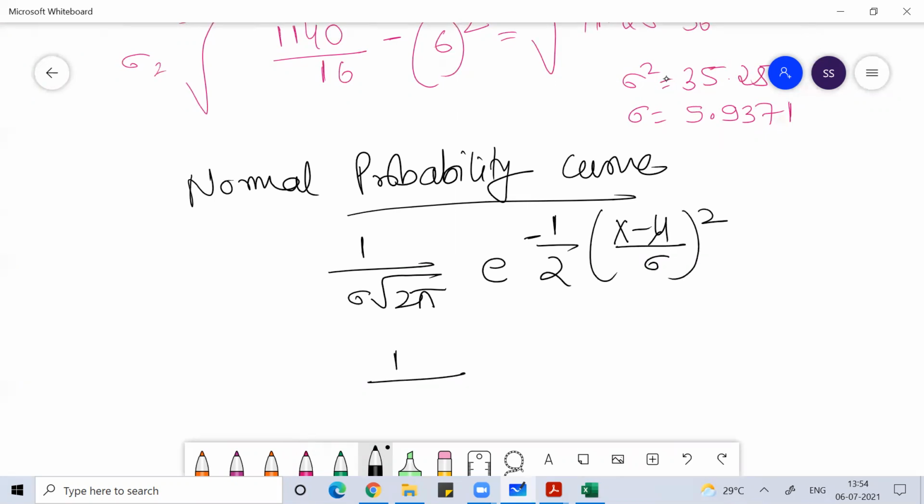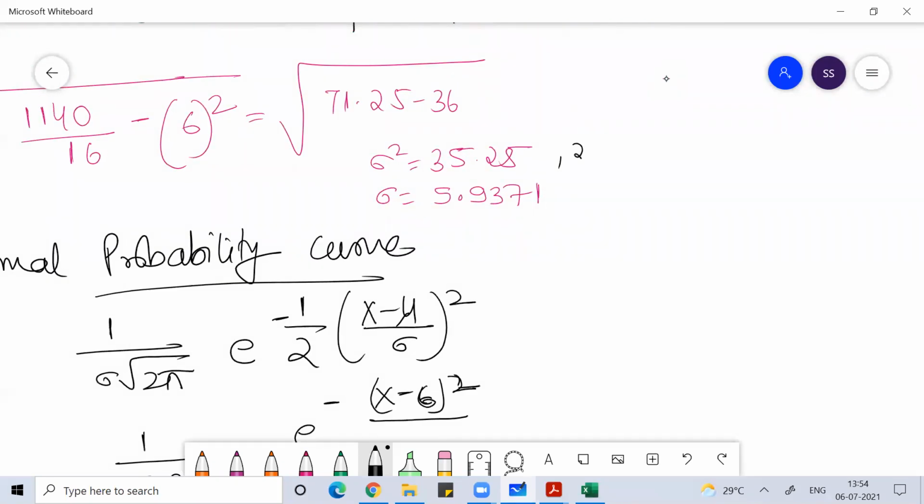So 1 by sigma is 5.9371 under root 2 pi, e to the power minus (x minus 6) whole square divided by 2 sigma square, 2 into 35.25, that would be 70.5.